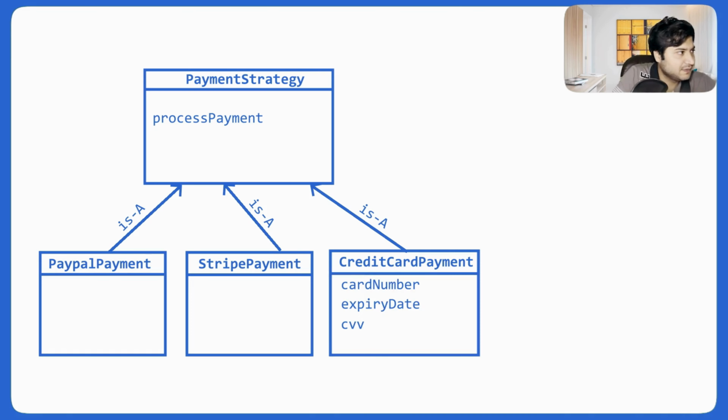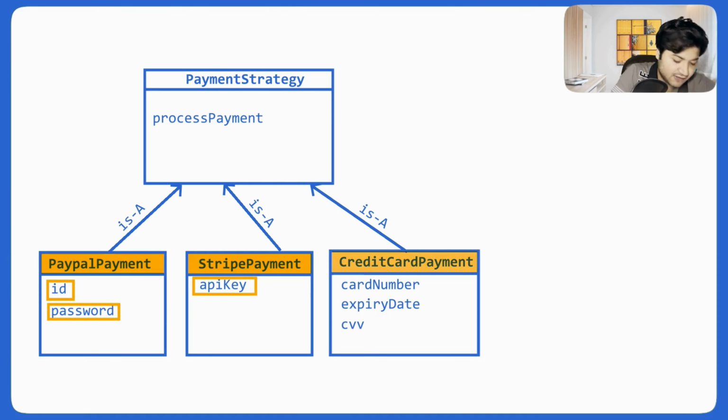Same goes for Stripe: we can have an API key. The only thing would be the API key. For PayPal, it could be ID and password, because if anybody makes a PayPal payment, they'll have to feed in an ID and password. For credit card, card number, expiry, and CVV. I guess these would be the data members for all of them.